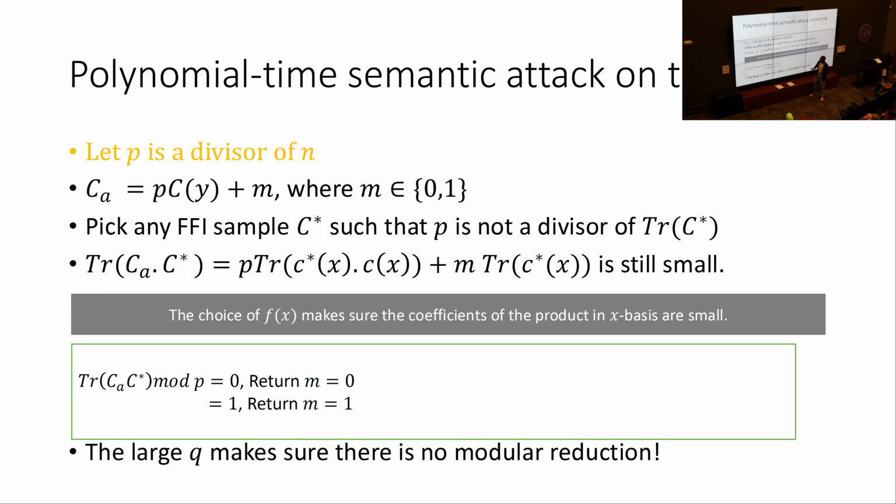So what you have is the message times this trace, and I know that p is not a divisor of this thing. So if you do this mod p like before, you get 0 if the message was 0, or 1 if the message was 1. And it really works because q is quite large, and you have this little f which is sparse and ternary, so you really can control the noise growth.